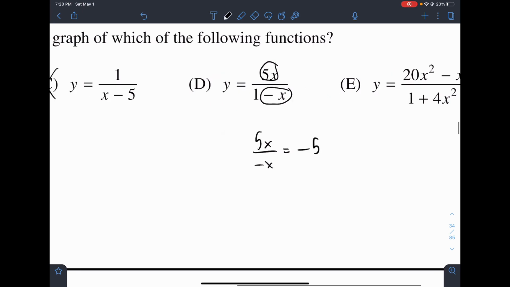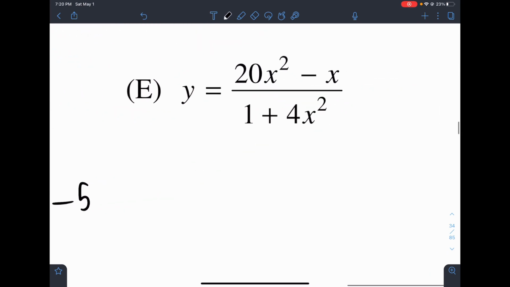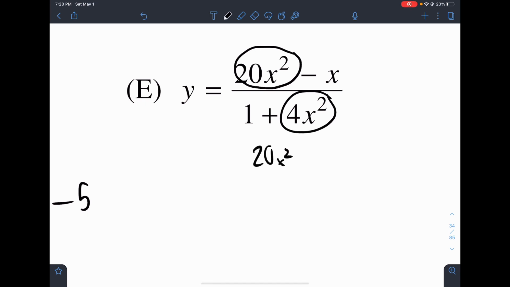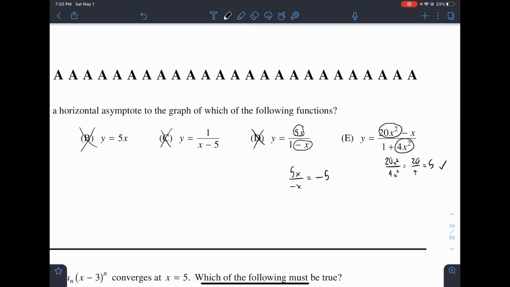But we want 5 to be our asymptote. So the limit is negative 5, but it's not 5, so we can't have d. But e, I mean, we already know it's e, but I'm just going to do it. So 20x squared, we're going to circle the high powers again, over 4x squared equals 20 over 4, which is indeed 5. So that checks out, and it's answer E.